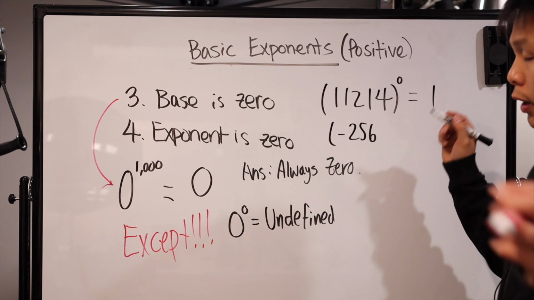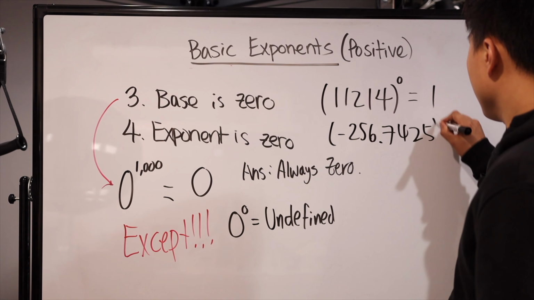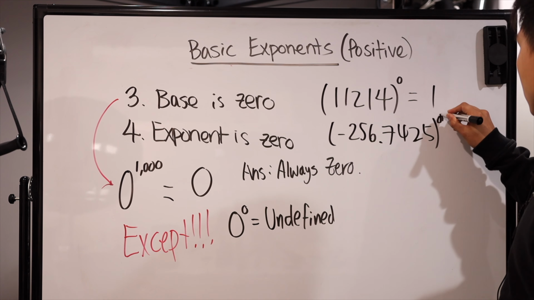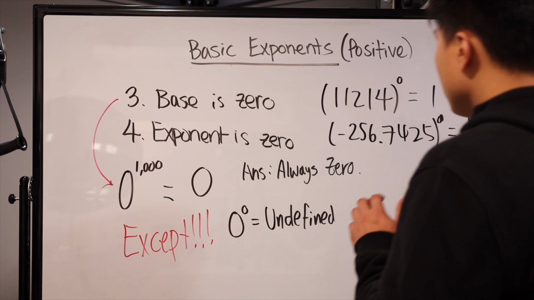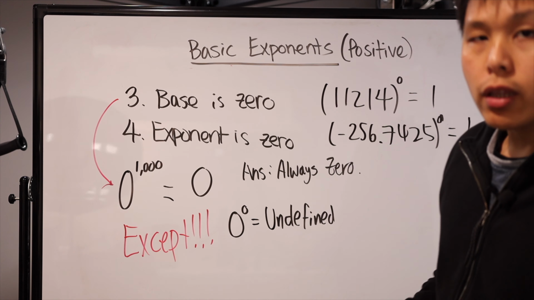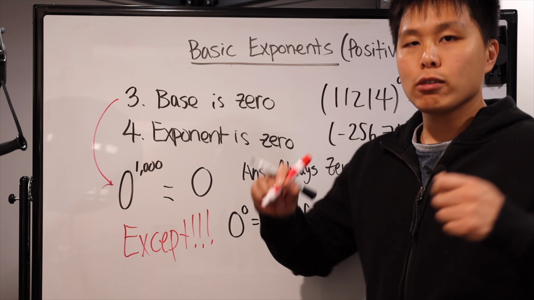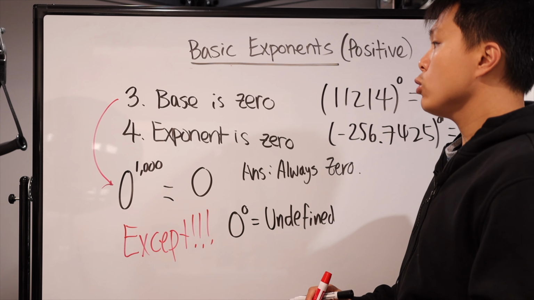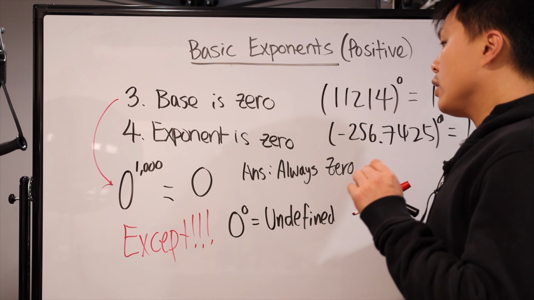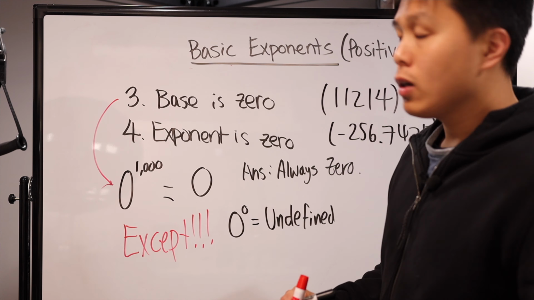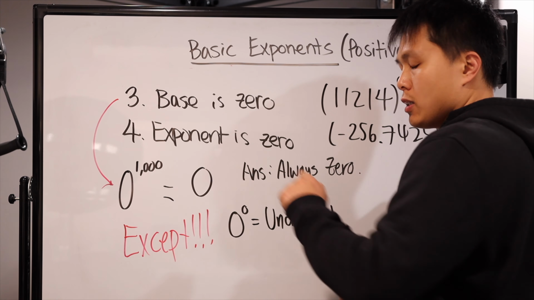I could be crazy and put decimals, 0.7425 to the 0 power is still just 1. Okay, so just be wary of that. Don't get the two cases mixed up. If you can remember and differentiate the two cases, it's very lovely, very easy to work with. If the base is 0, the answer is always 0. If the exponent is 0, then the answer is always 1, with this one exception.